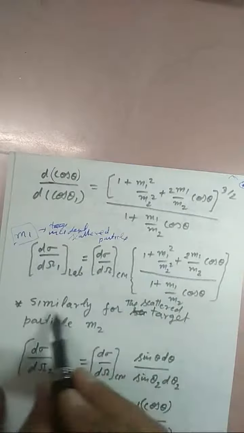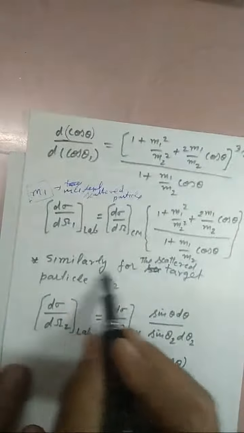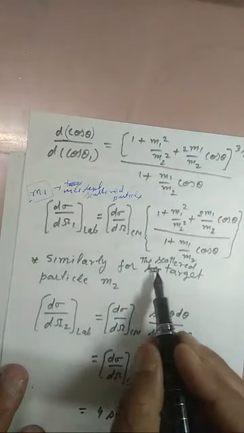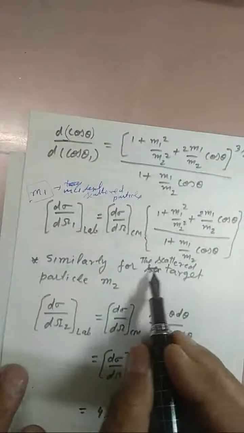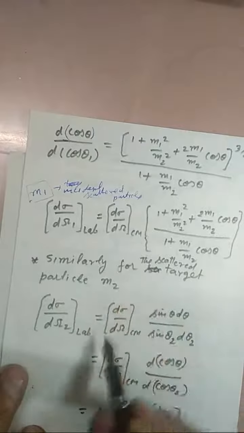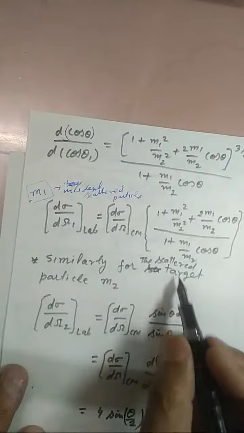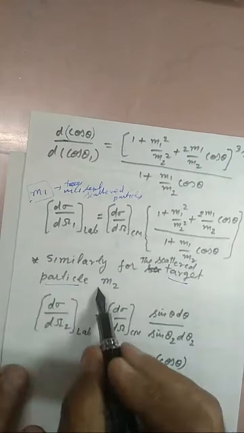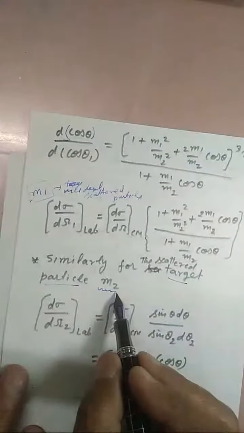In a similar fashion, you can find this type of relation for the scattered target particle, which we earlier denoted with m2.